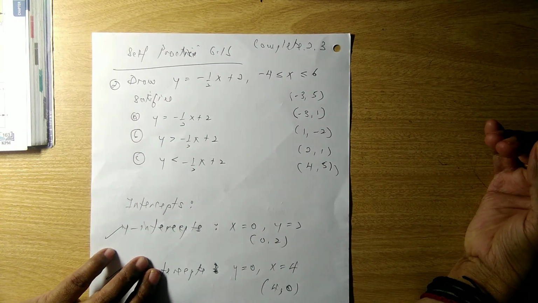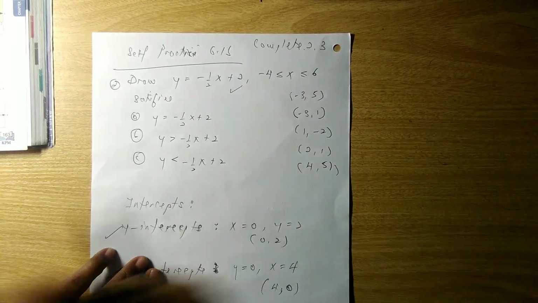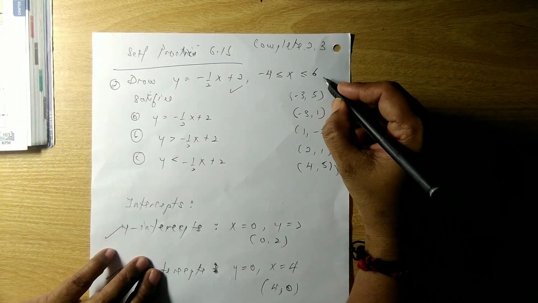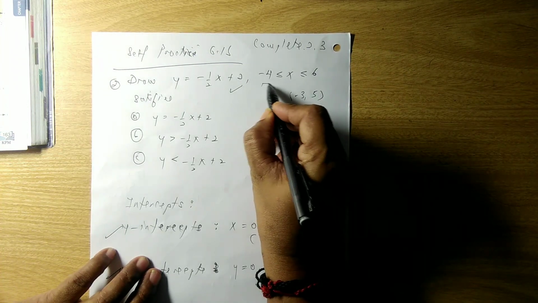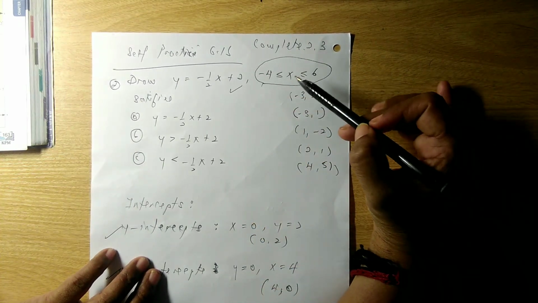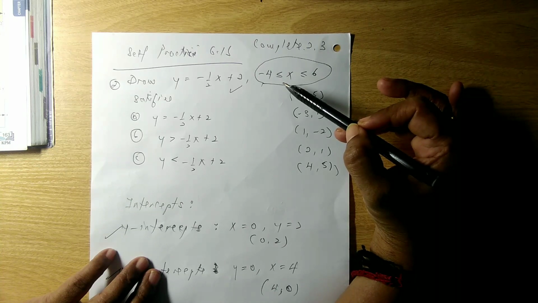Now the question says they want you to draw this equation, y equals negative half x plus 2, that satisfies this. If you remember, this is considered the domain, the values you want x to range from.